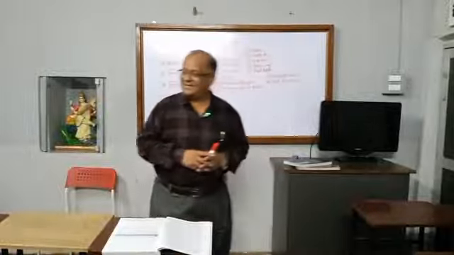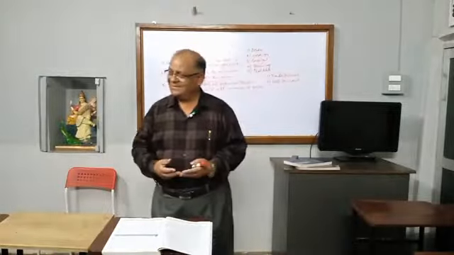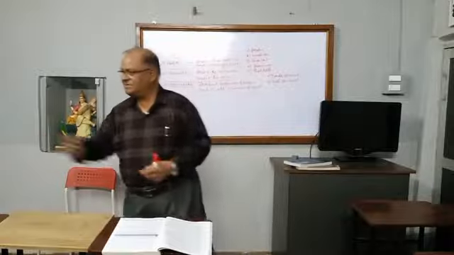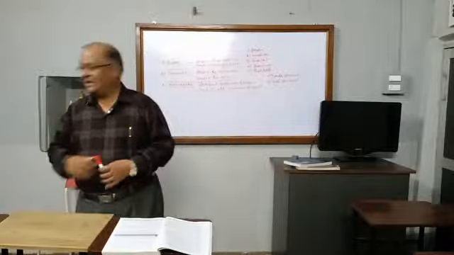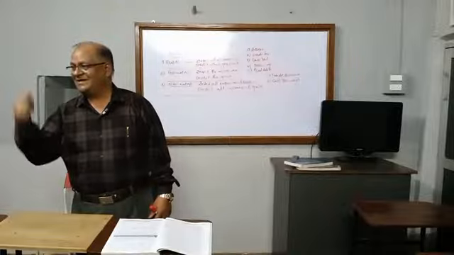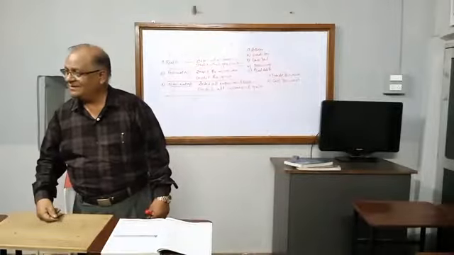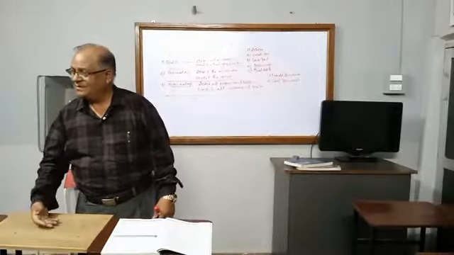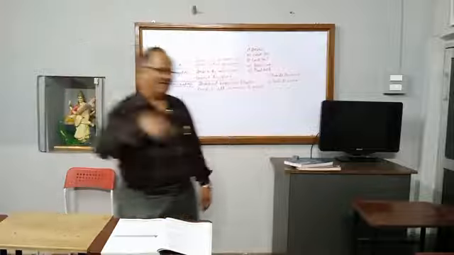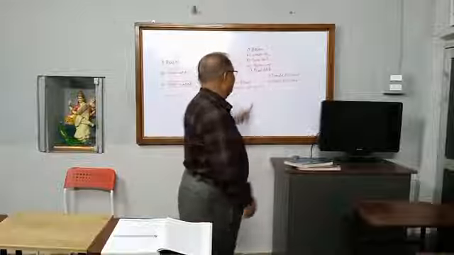We can ask for credit for 1 month, 2 months, 3 months. We go to the dealers and say, I have to purchase these things, but I will pay the money after 2 months. They will allow you 2 months credit. It is a credit transaction. You have taken the goods, but the payment is made on a future date. After 2 months you have to pay the money. This is called a credit transaction.